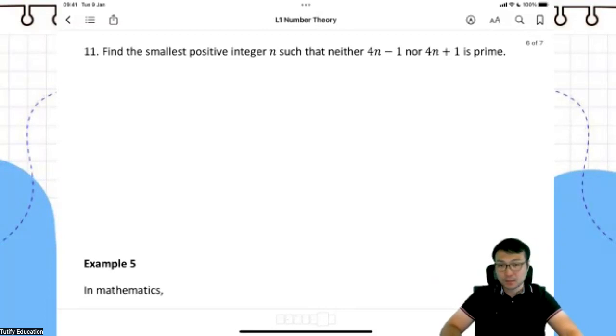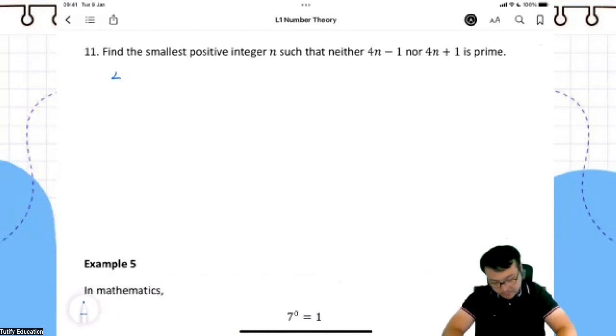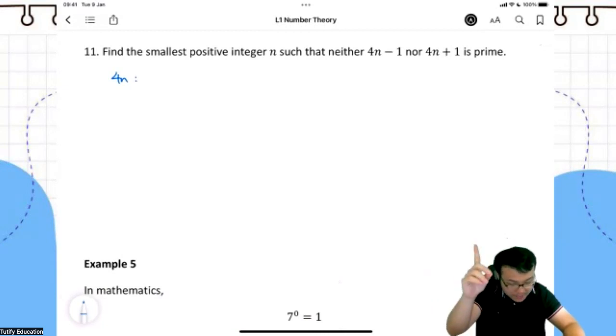Now, they are asking you for the smallest possible integer n. So you don't know what is n. N could be 1, 2, 3, 4, 5, 6, 7, 8. I don't know. It could be anything. So let's just write down, okay, 4n. N could be anything. If n equals 1, then 4n is 4 times 1.